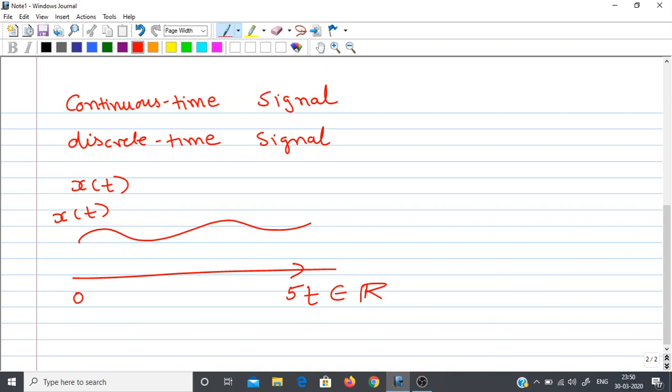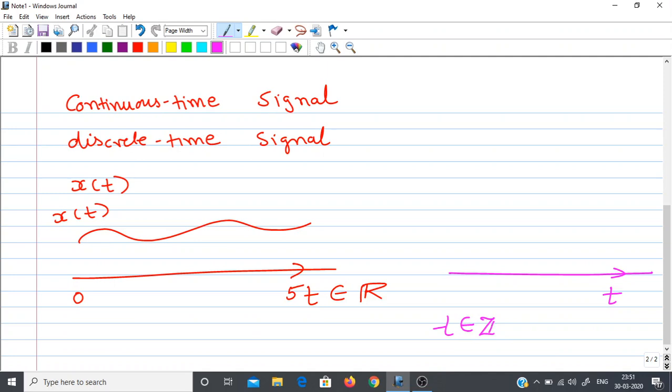On the other hand, if t is not continuous, if it is discretized, for example, let's say you have independent variable t, but this t does not belong to R. Let's say t belongs to the set of integers.